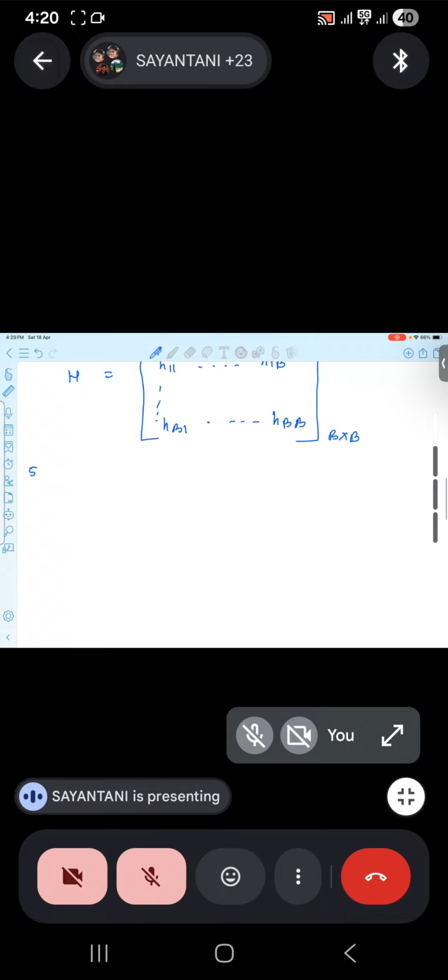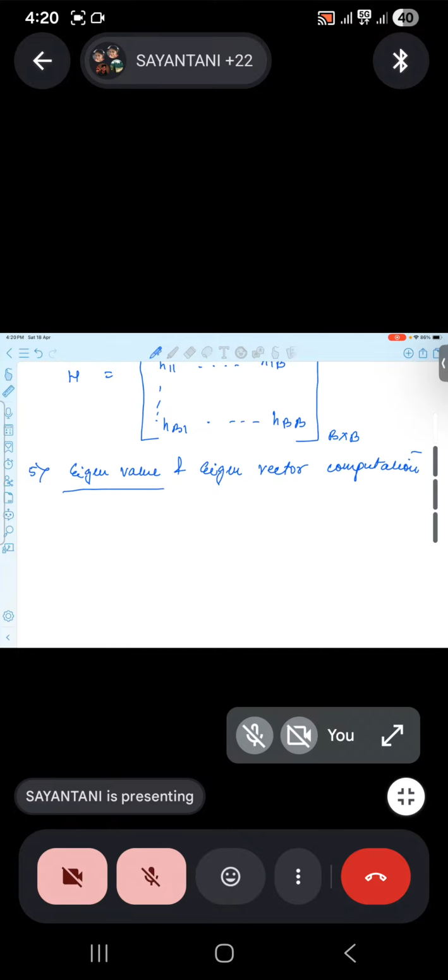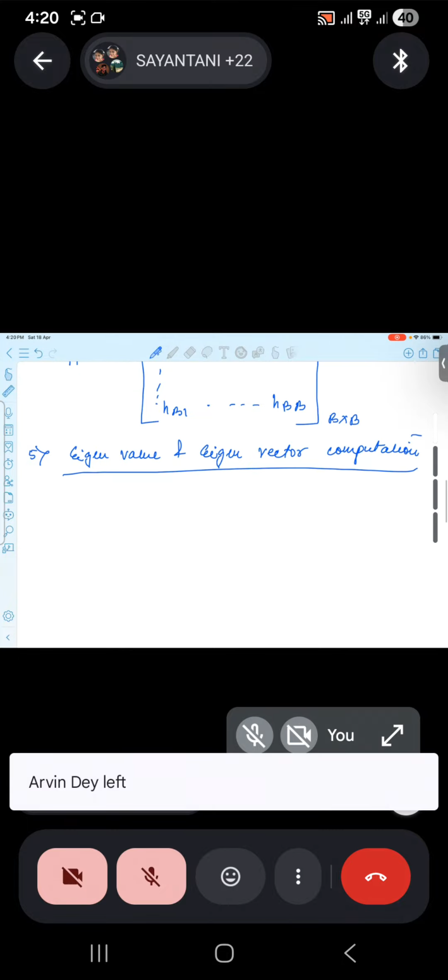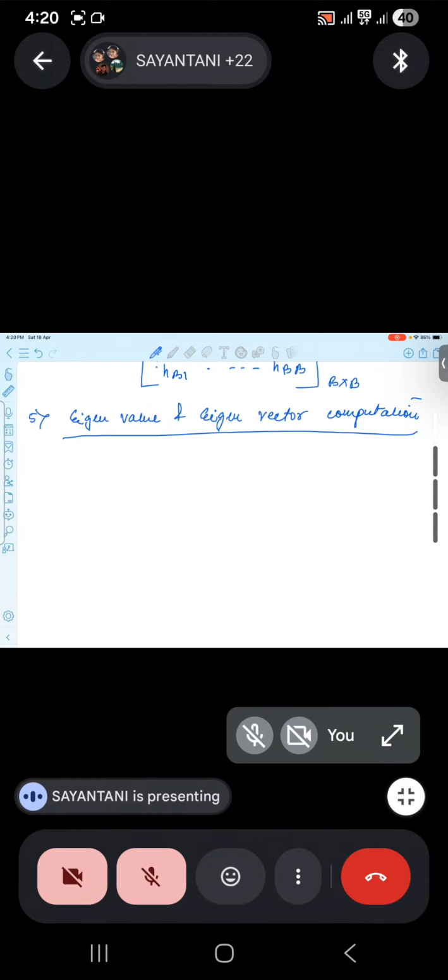Now we move on to the fifth step, that is eigenvalue and eigenvector computation. So you have to compute the eigenvalues and eigenvectors of the H matrix.